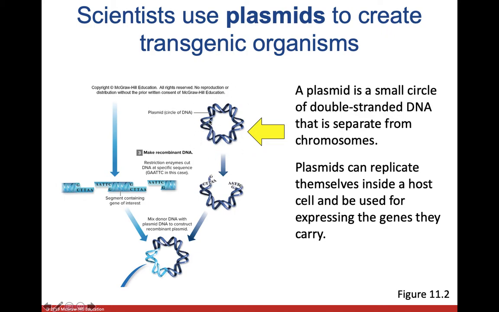Since it's DNA, if it gets inside of a cell, the cell will use this DNA to make whatever the plasmid has. So the little plasmid sometimes contains genes on it, and the genes can be for making antibiotic resistance if you're a bacteria, or producing insulin if you're a recombinant, things like that.